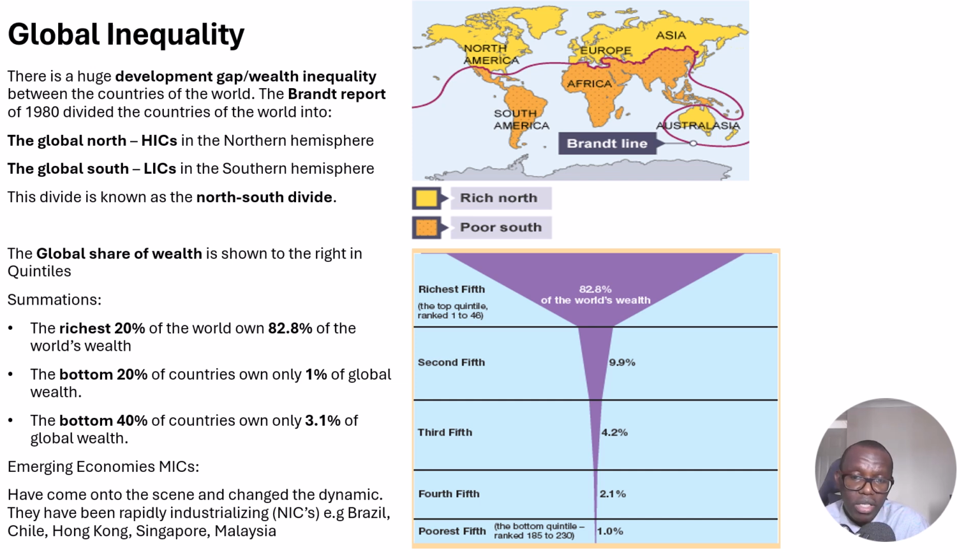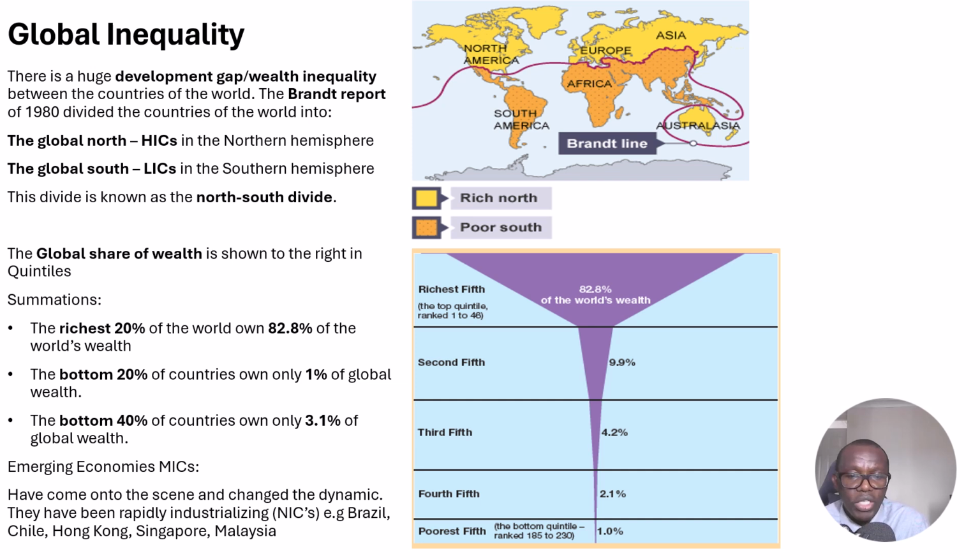You can see that the line goes all the way across, dividing the countries into the northern and southern hemisphere. But when it comes to Australia, it picks up Australia at the bottom and puts it in the northern category. So locationally, Australia is in the south, but is considered to be in the global north.